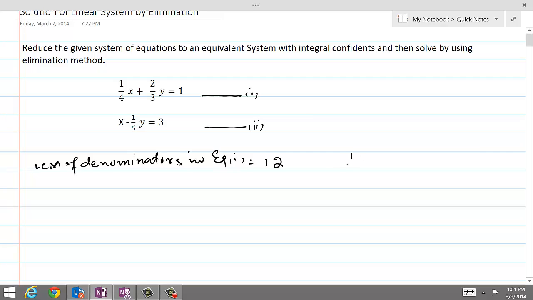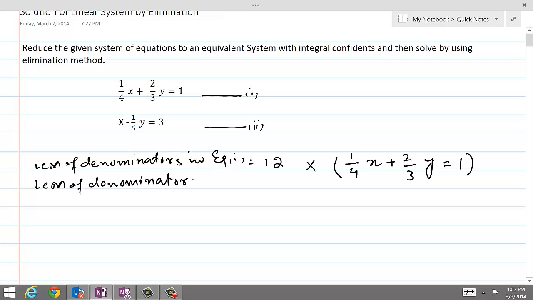So let's write down the equation here. That equation is 1 over 4 x plus 2 over 3 y equal to 1. What we are going to do is multiply the entire equation by 12, and similarly we are going to find the LCM of denominators in equation 2.